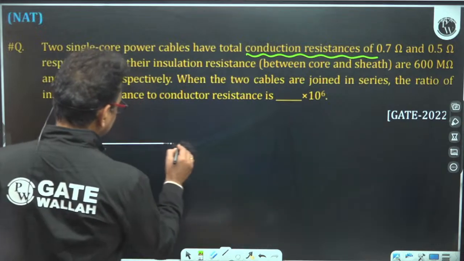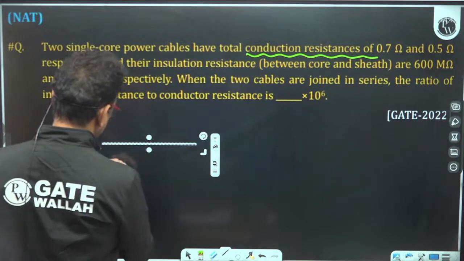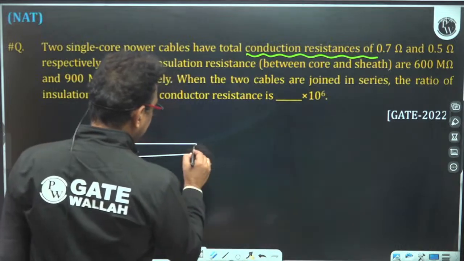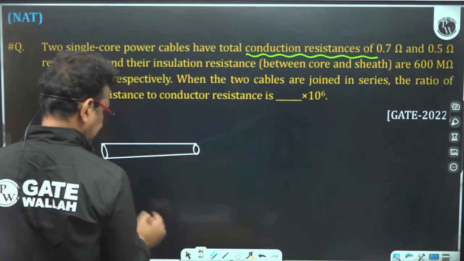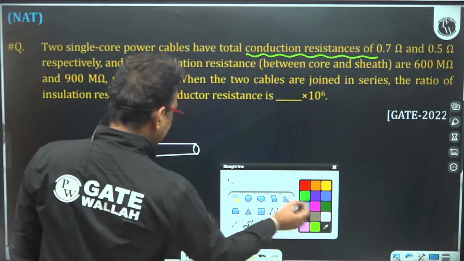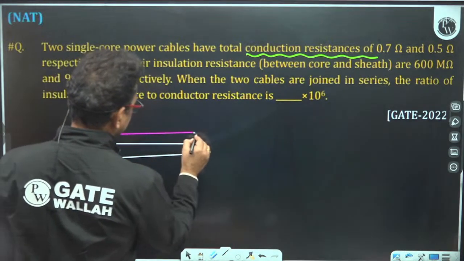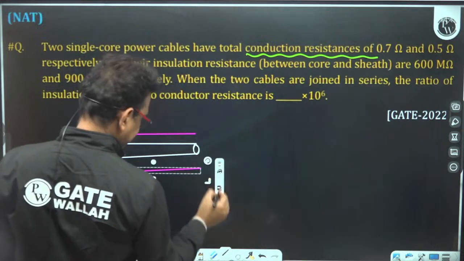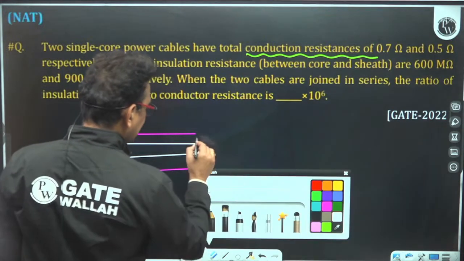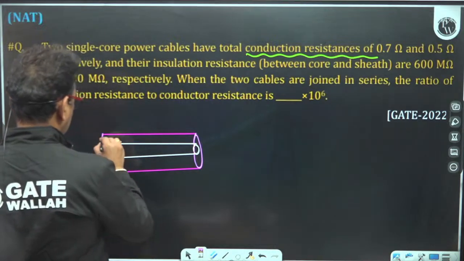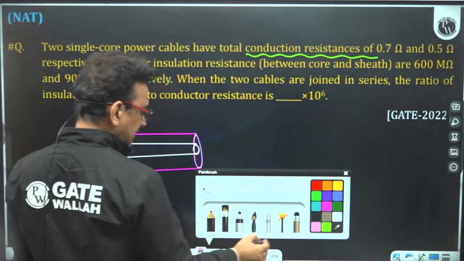this is my one cable. The cable is having a conductor, and above the conductor there would be the insulation. So this is the sheath. This is one cable. Now the second cable.